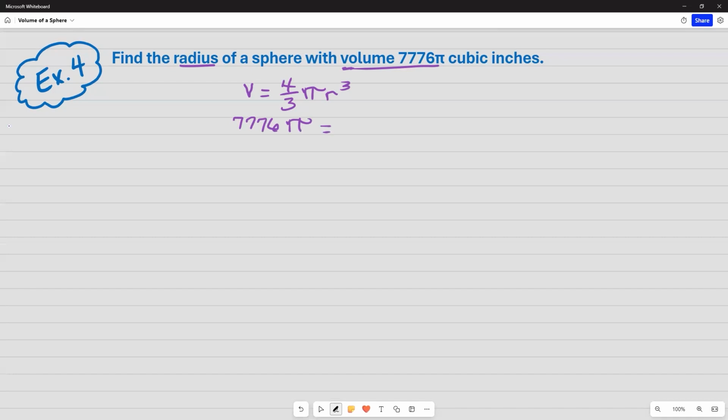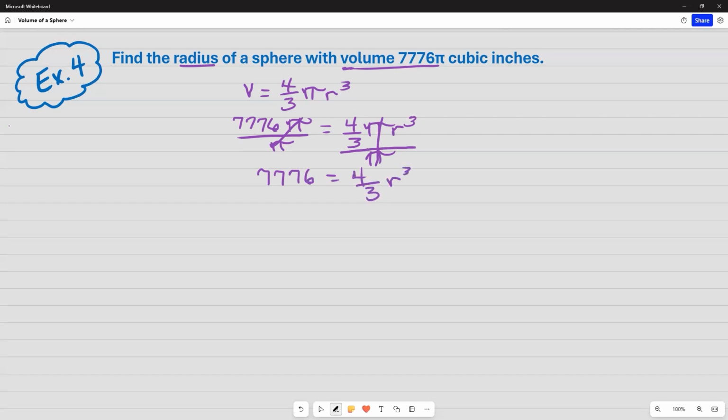And I'm going to set it equal to the formula, which is 4 over 3 pi r cubed, because we're trying to find r. I'm just going to get rid of the pi for now on both sides, because I'm trying to dwindle down to just having an r. So now I have 7,776 is equal to 4/3 r cubed.